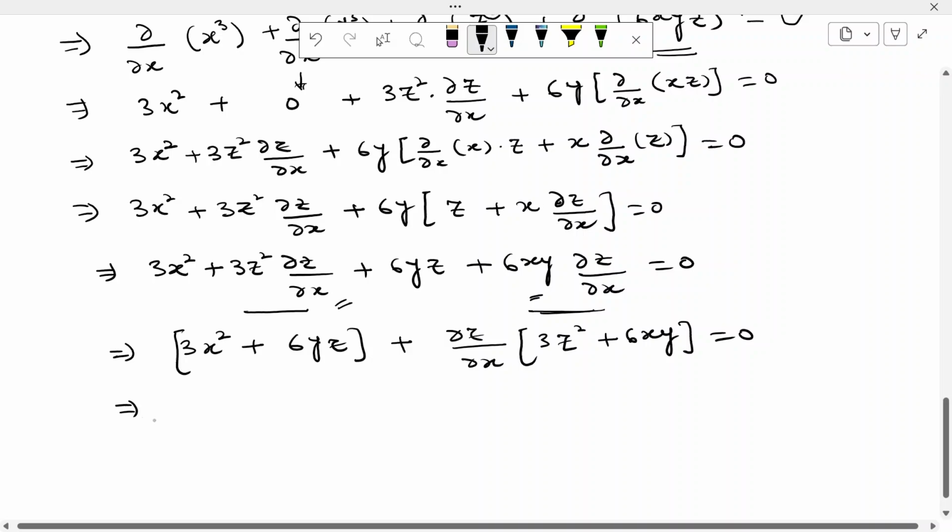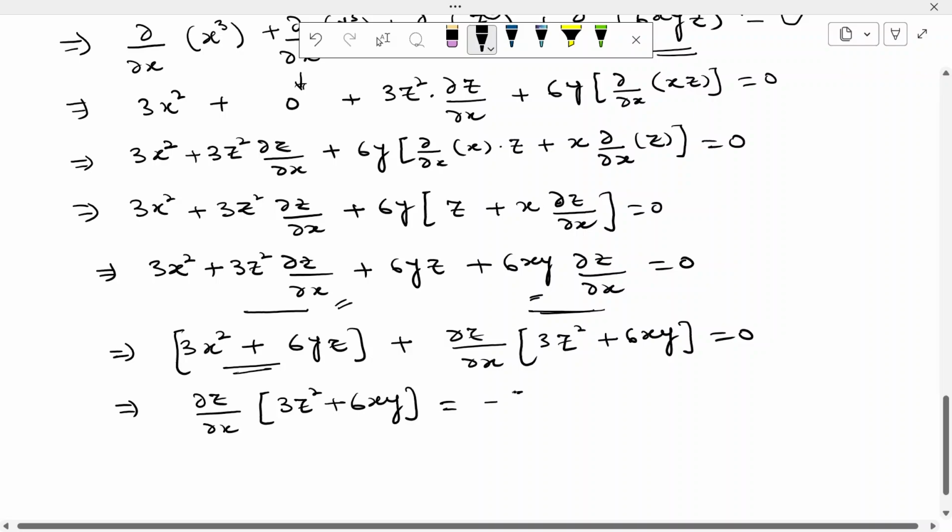So from here you will obtain ∂z/∂x times (3z² + 6xy), and we can transfer this bracket towards the right hand side.